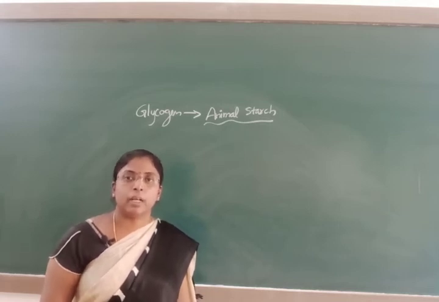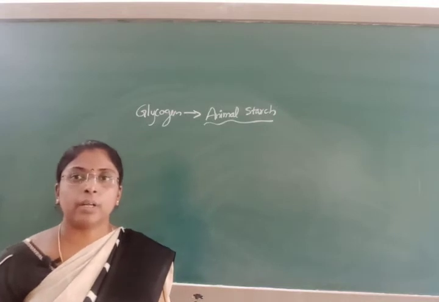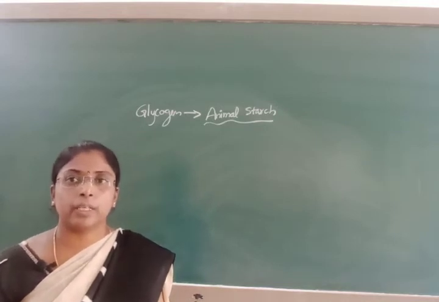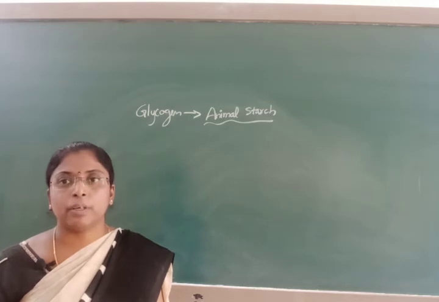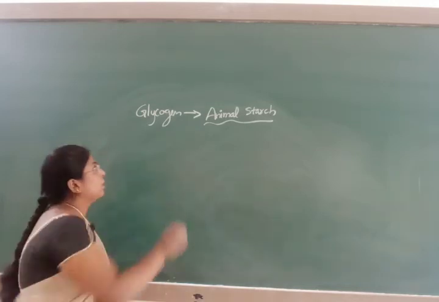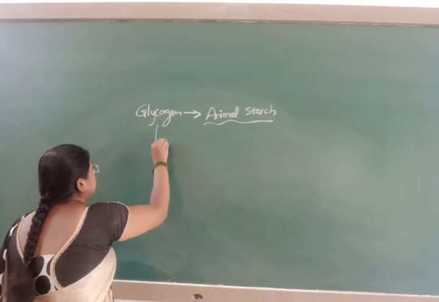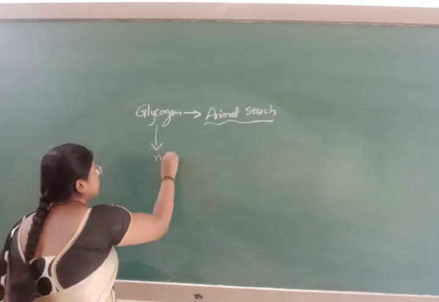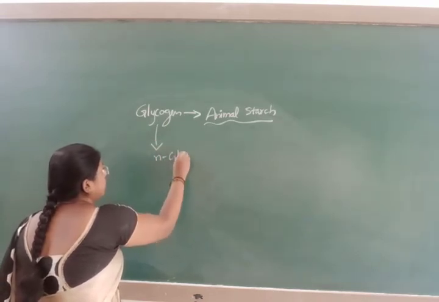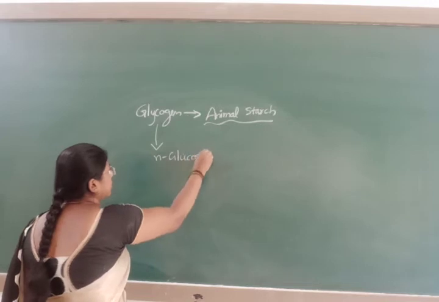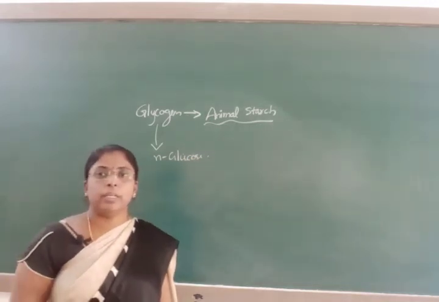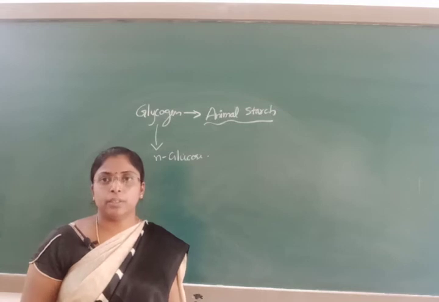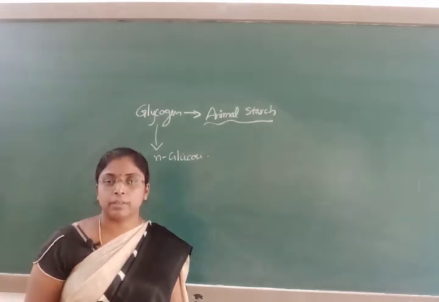Glycogen on hydrolysis in presence of enzymes produces n number of alpha glucose units. It is mainly present in the liver as well as muscles and brain.